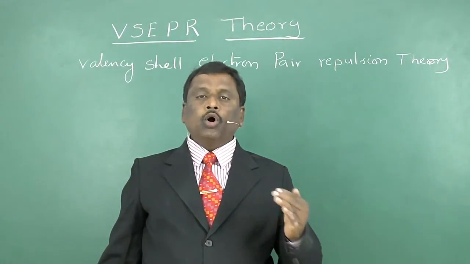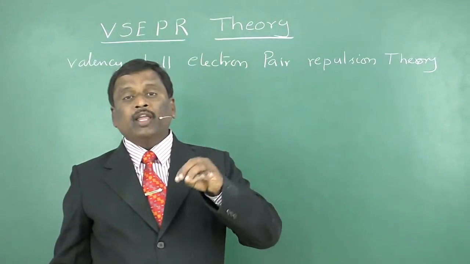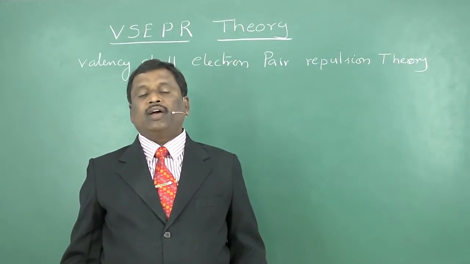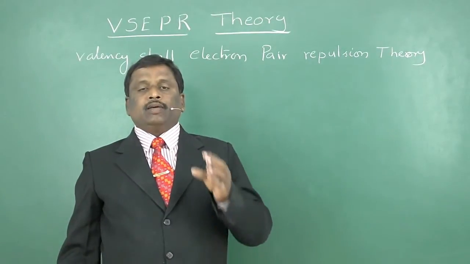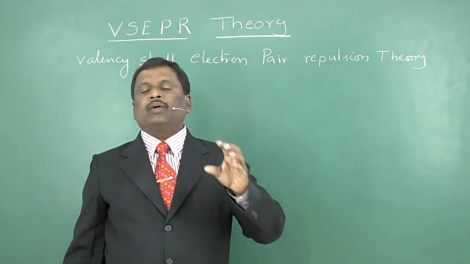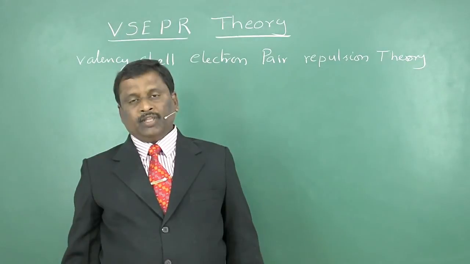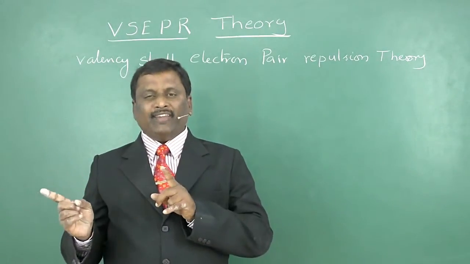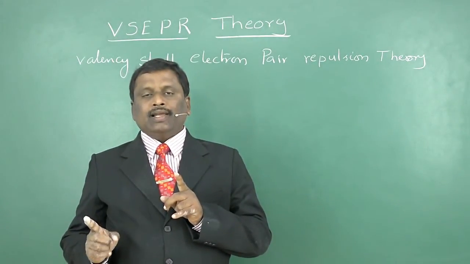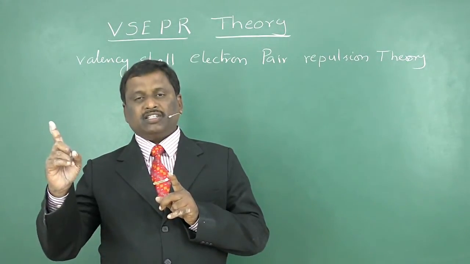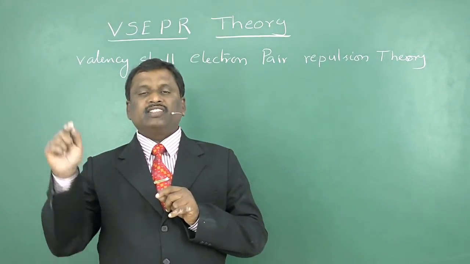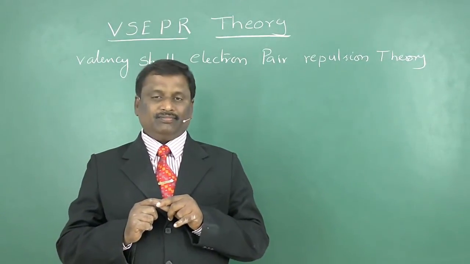If one or more non-bonding pairs of electrons are present in the valency shell of a central atom, the bond angles and shape of the molecule do not coincide with the angles present in the hybridization in which the central atom is involved.